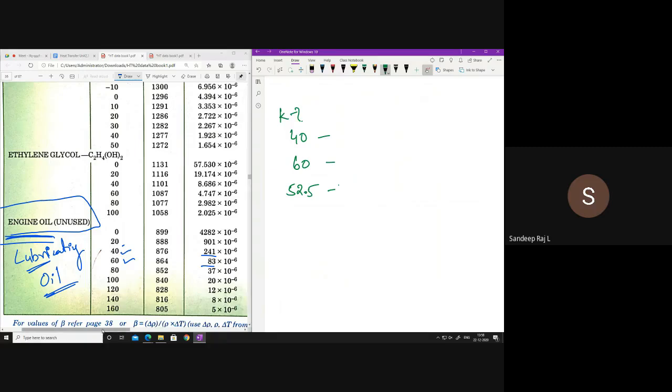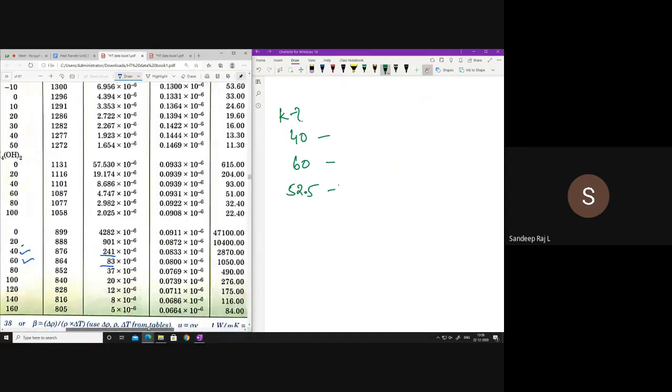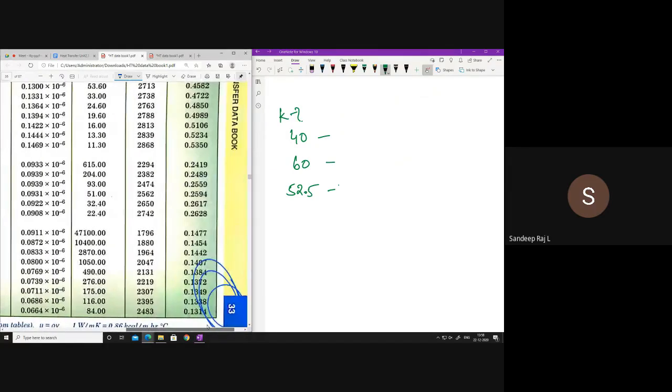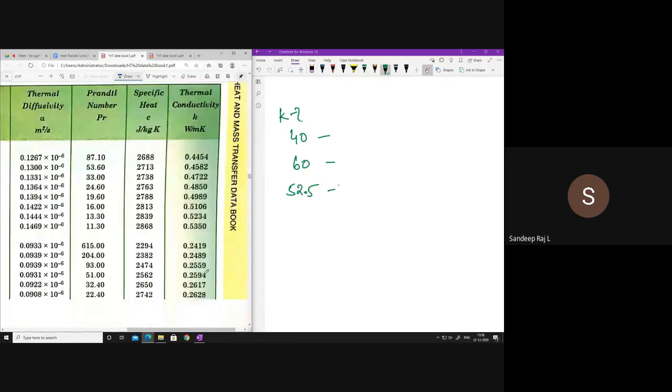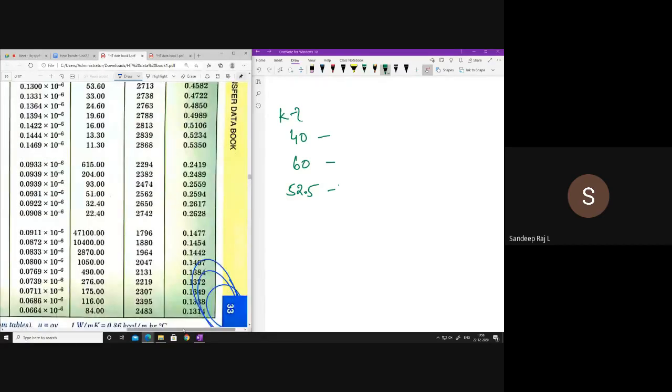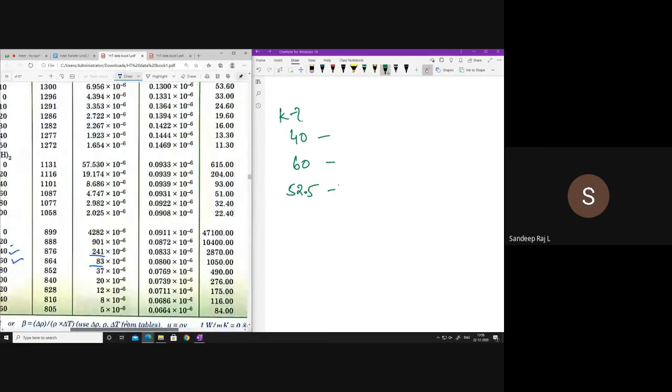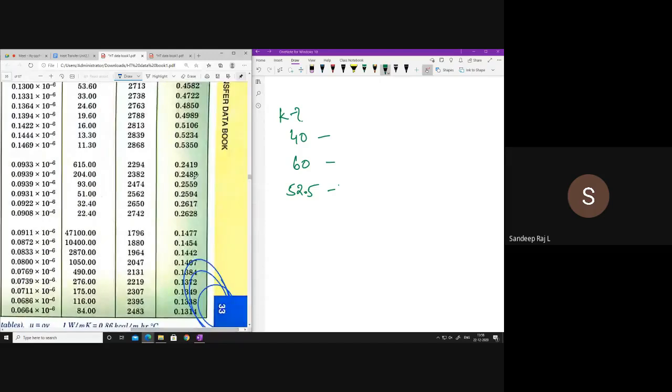For 40, the value of k. The last column is the k value. It is third from the top.